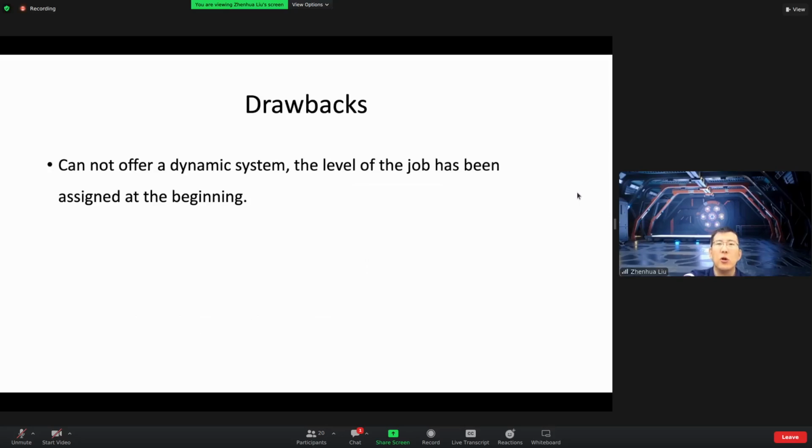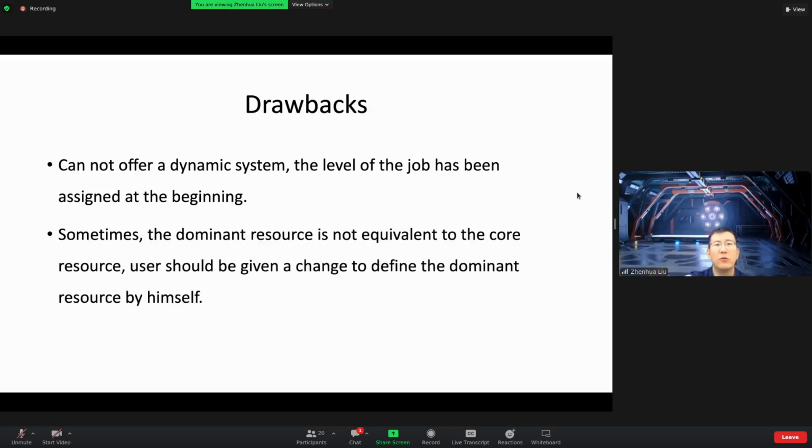Right. So the drawback of this one, so this allocation is instantaneous, not over time. Right. Also, in this case, users don't have the opportunity to define their dominant resource.